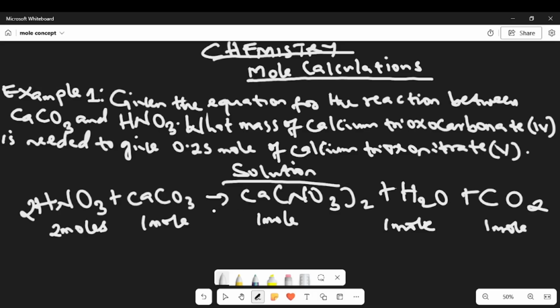Now the first thing to do is to write out the equation. So you have HNO3, then CaCO3 to give you Ca(NO3)2, then H2O and CO2. I've already named the first and the second compound, as well as the third compound, which is calcium trioxonitrate 5.